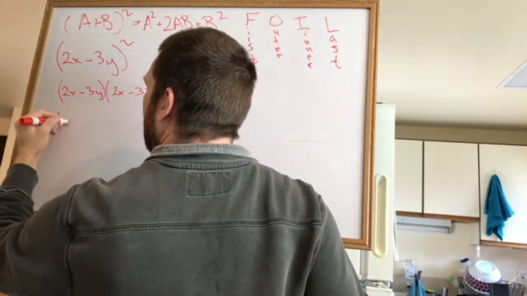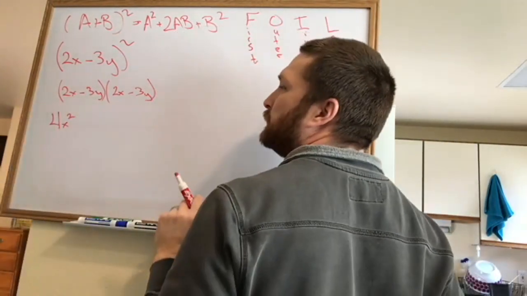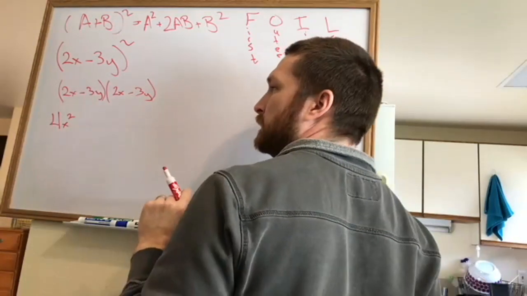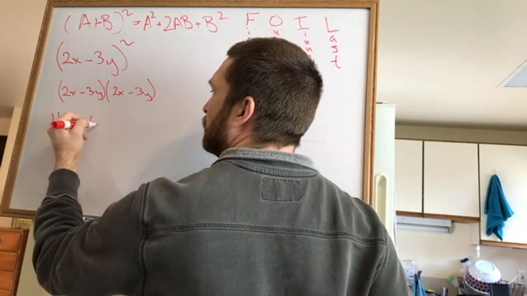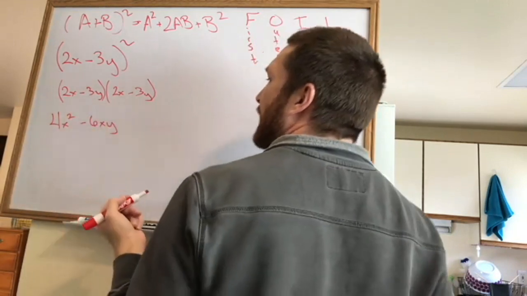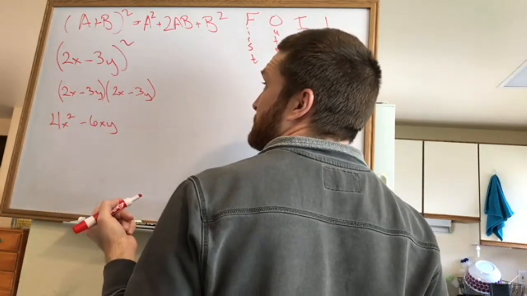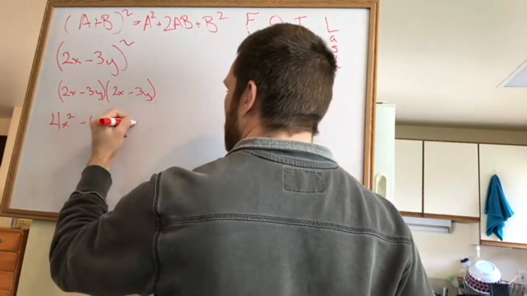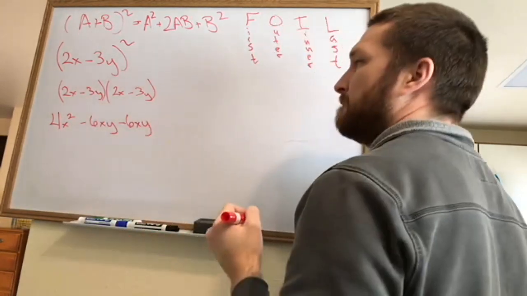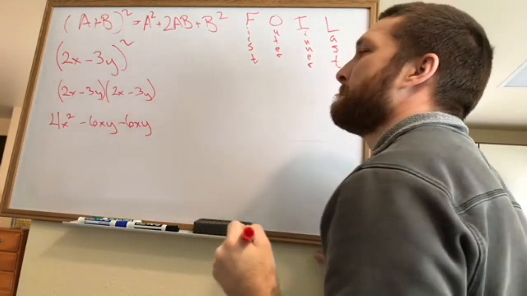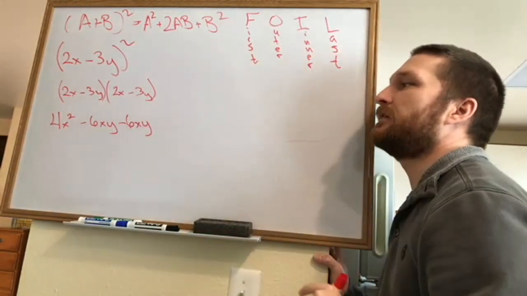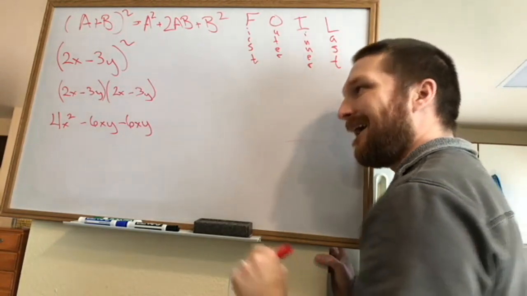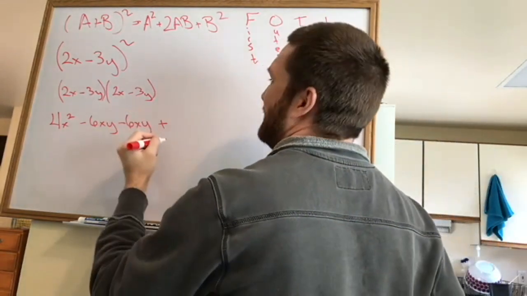Outside: minus 6xy. Inside: minus 6xy. And last: what's negative 3 times negative 3? 9. Plus 9y squared.